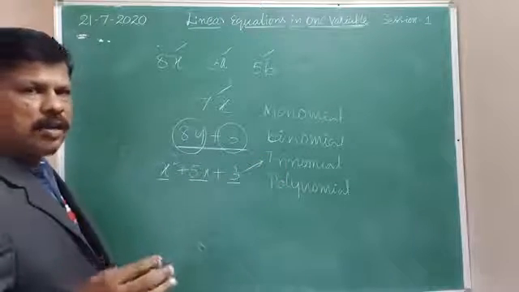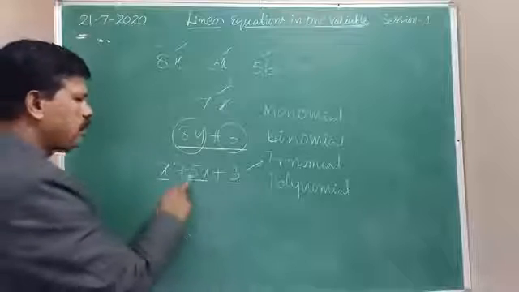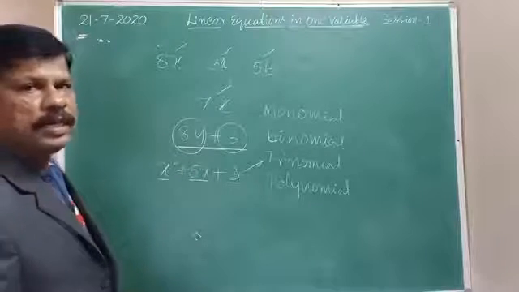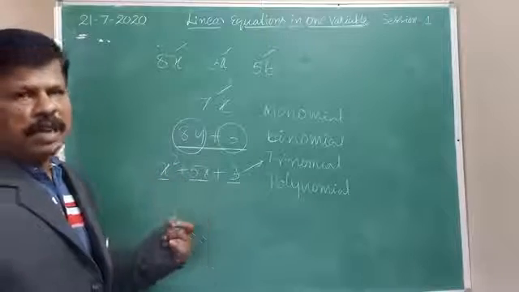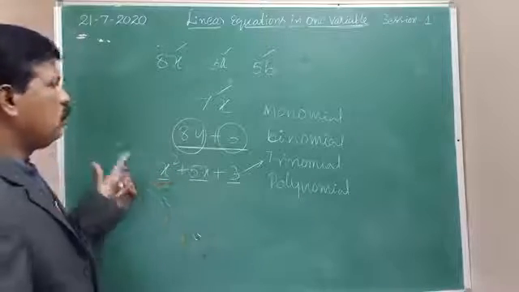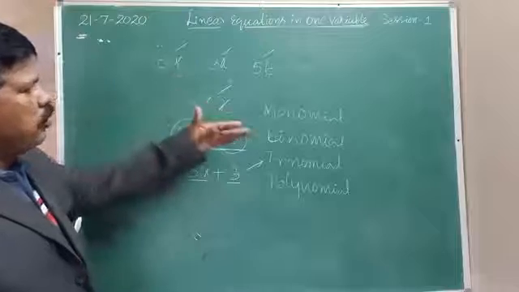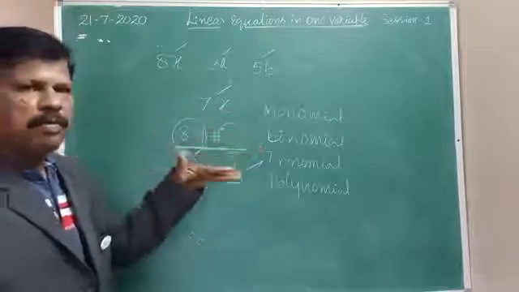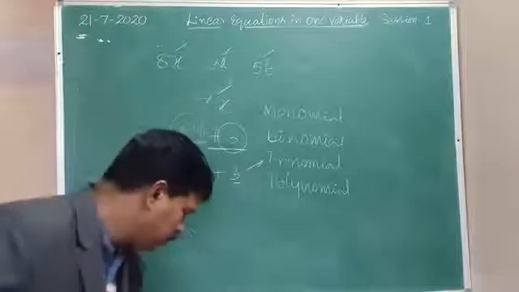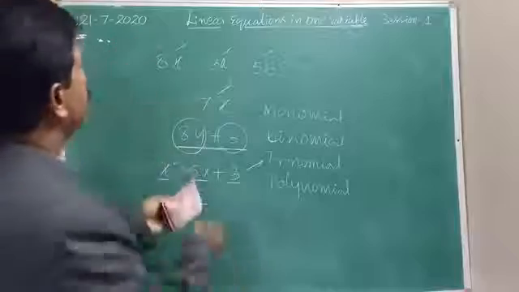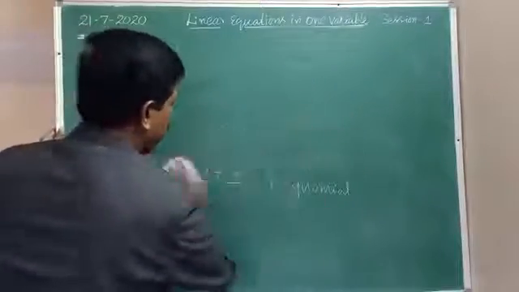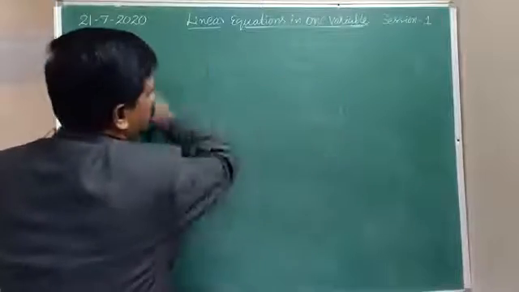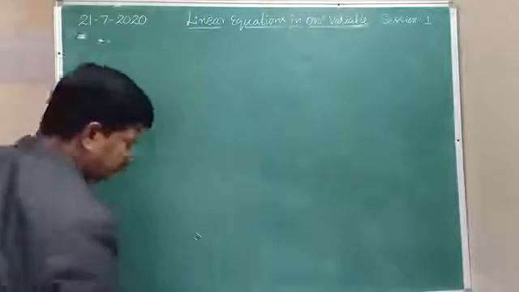And algebraic expressions with more than three terms are called polynomials. Clear? So, monomial, binomial, trinomial and polynomial. Now, let us take one more. I am just recalling your previous knowledge.